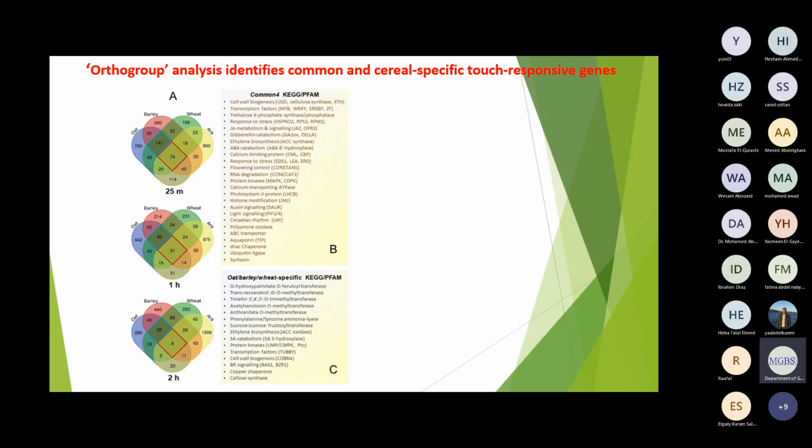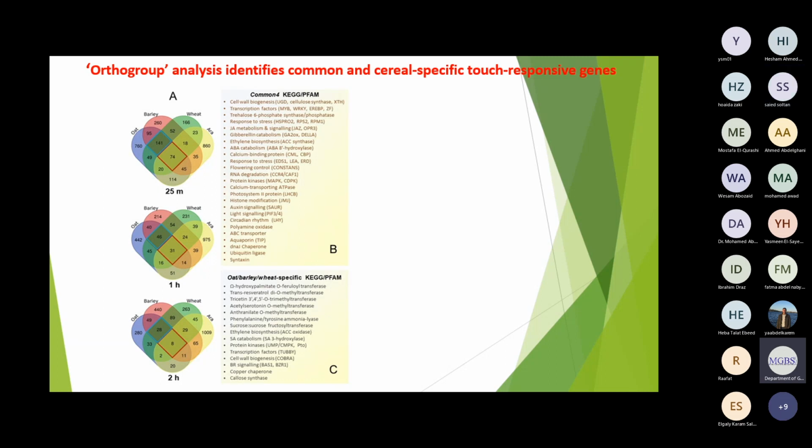To answer this question, we did what is called orthogroups, and we have overlapping between different time points, like 25 minutes. We have the orthogroups of barley, oat, wheat, and Arabidopsis. So we found that there is a common orthogroup between Arabidopsis and the three cereals at different time points.